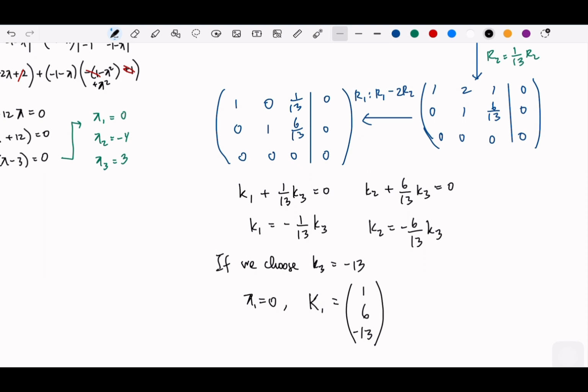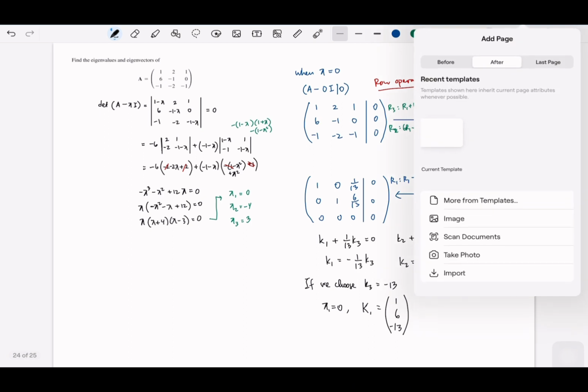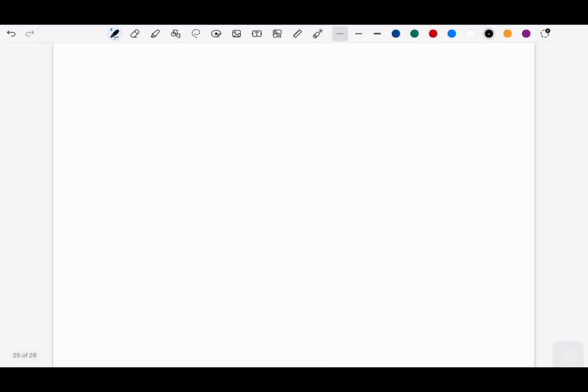And it's not over yet. What we need to find is all the eigenvectors for each lambda. So let's get into the next one.